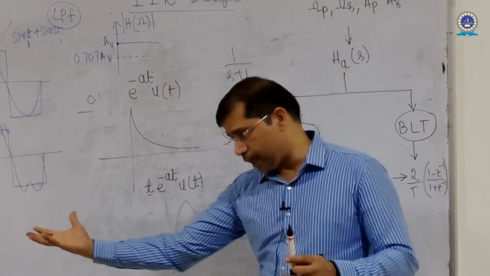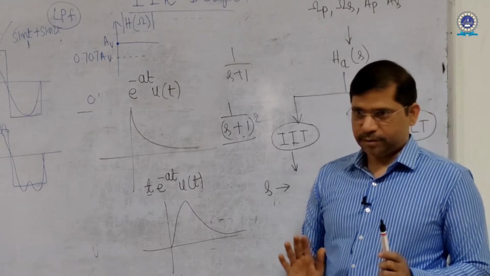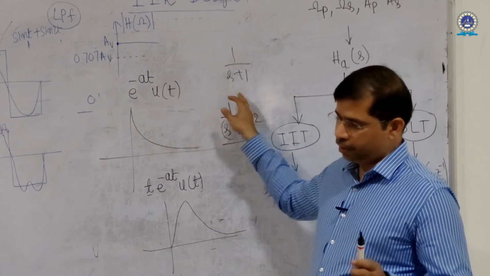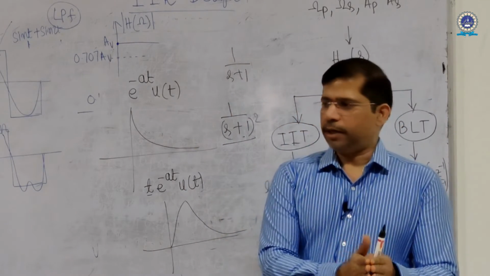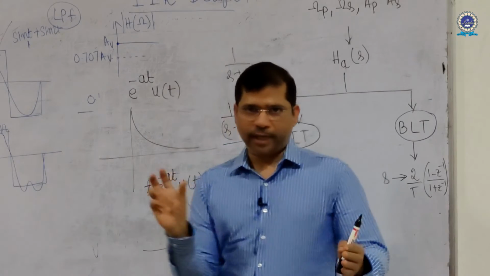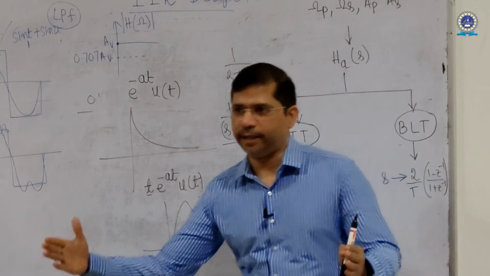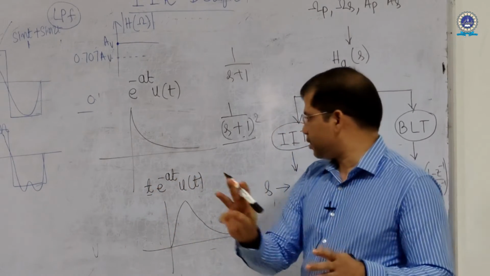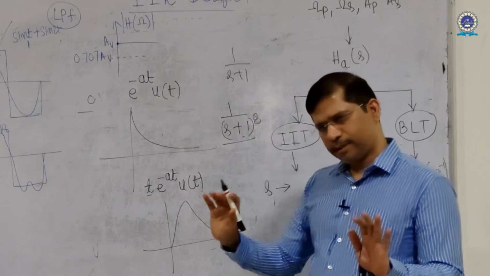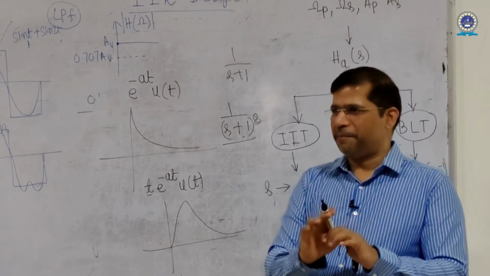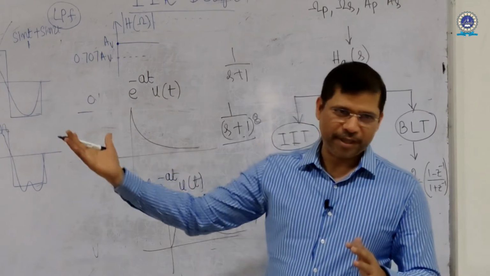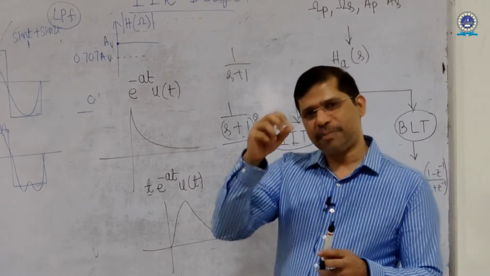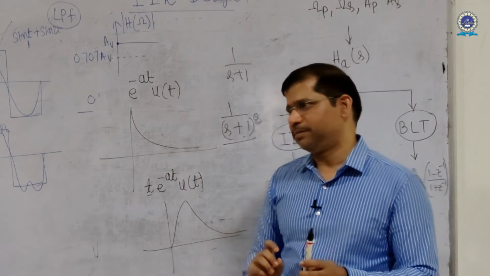Compared to that, this is less stable. 1 by (s plus 1) may be stable from Sunday to Saturday, but 1 by (s plus 1) whole square may be stable from Sunday to Friday. Its boundedness decreases. If you consider 1 by (s plus 1) whole power 8, you must say stable, but not better than 1 by (s plus 1). So the stability decreases. When you say stability decreases, it does not mean that it is unstable.